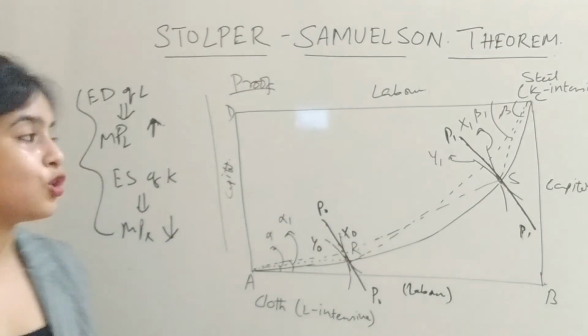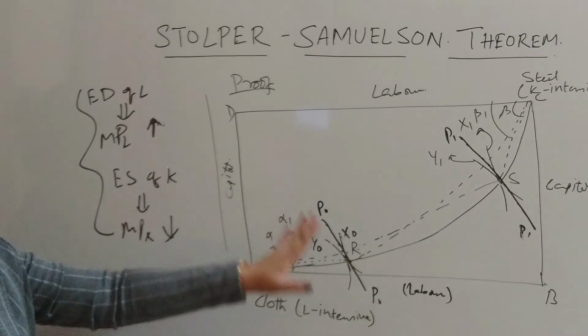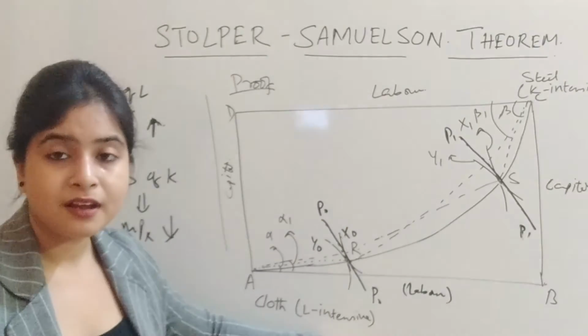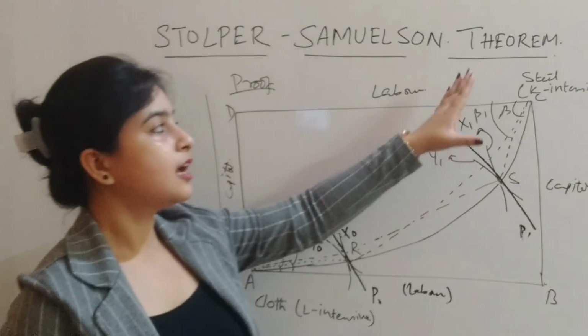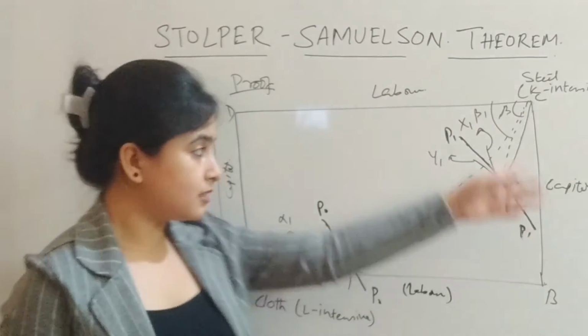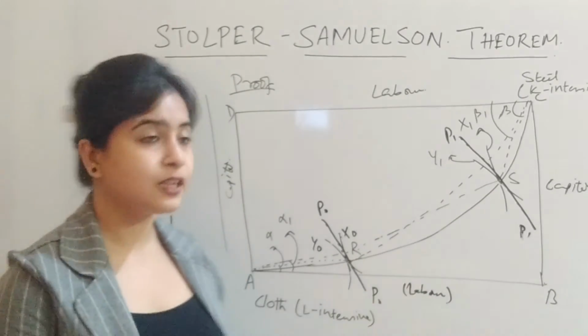So this is how there will be an increase in the employment of labor in the cloth industry, and there will be unemployment of capital in the same economy we are talking about, that is the home country, right?